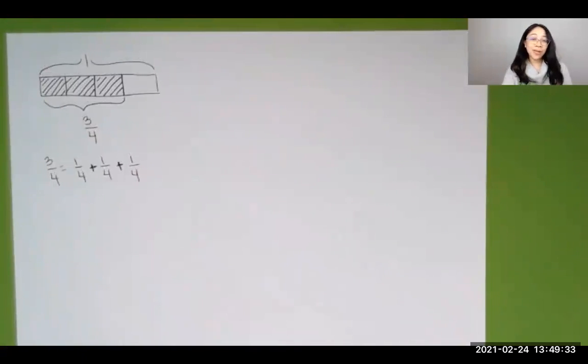How many fourths are there in 3/4? There are 3. We know this because we can count the 1/4 3 times.